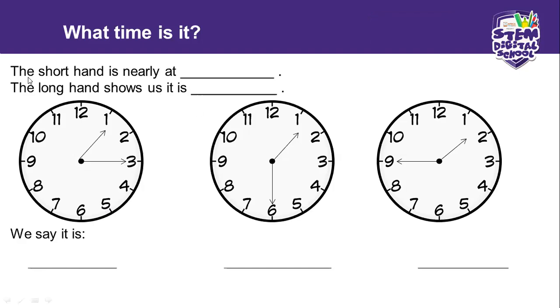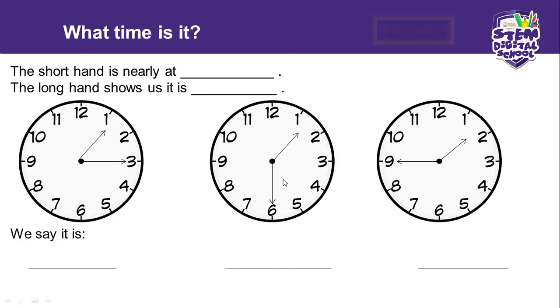The shorthand or the short arm is nearly at 2. And then the long arm or the long hand shows us it is, yes, it is 1/2 past. That's right. Or 30 minutes past.